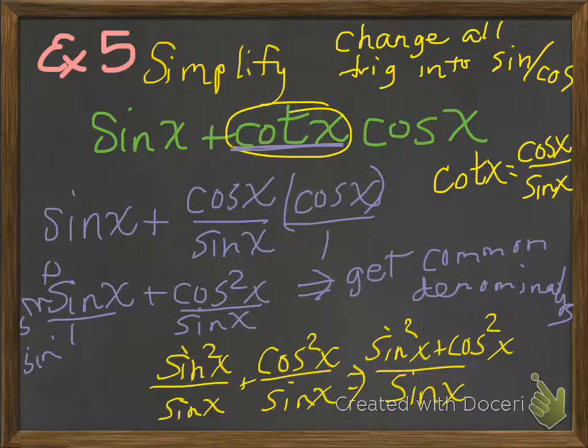And that actually gives me, I can cross that off because that's a Pythagorean identity, and that's 1. So I really have 1 over sine x, but if I don't want it in fraction form, I can change that into its cousin, which is cosecant x. So that would be my answer right there.